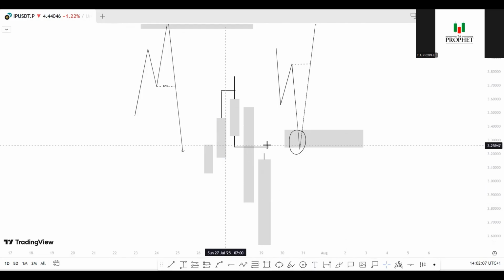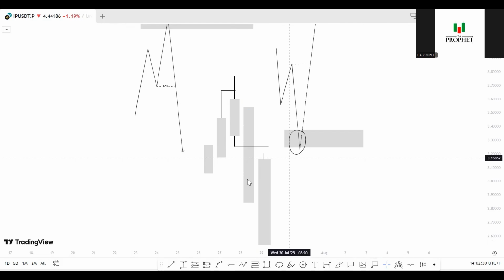The space between them is the imbalance or a fair value gap. That is the gap between the low of the order block candle and the high of the third. 1, 2, 3. This third candle here, the gap in between, is the fair value gap.